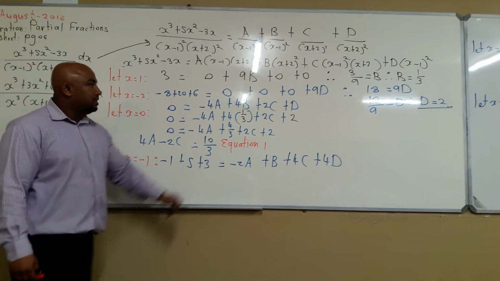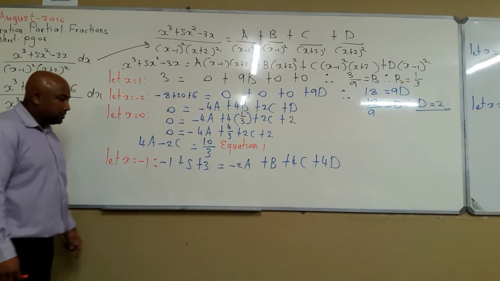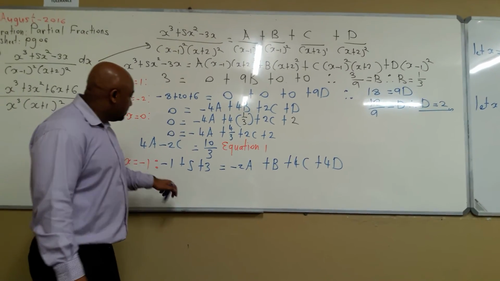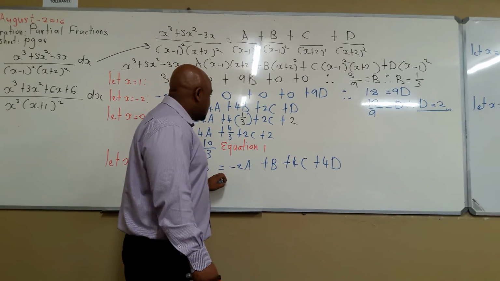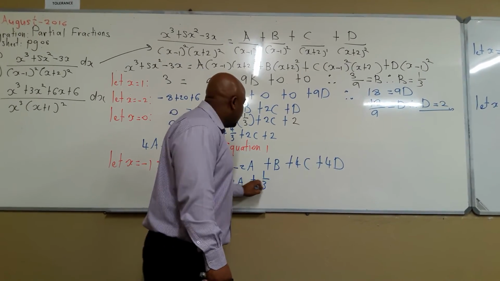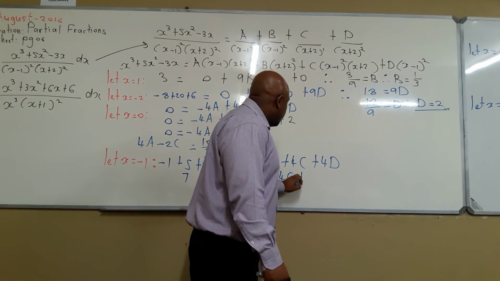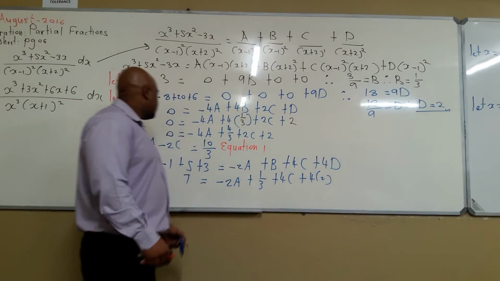So what must we do? We substitute for b and d and get our equation 2. So here 5 plus 3 is 8 minus 1, which is 7 on the left. We got minus 2a plus b, that's plus 1 over 3, plus 4c, plus 4 times d, which is 2.